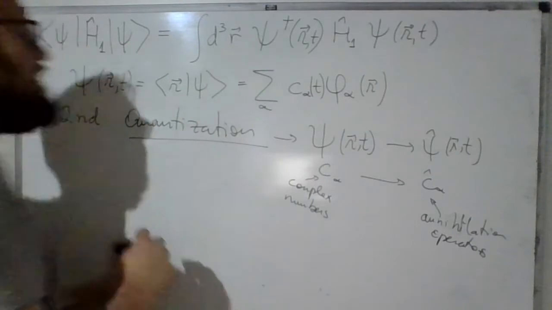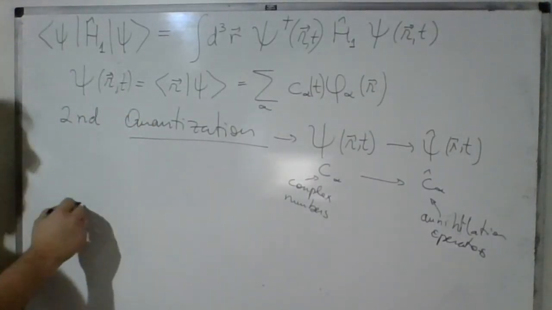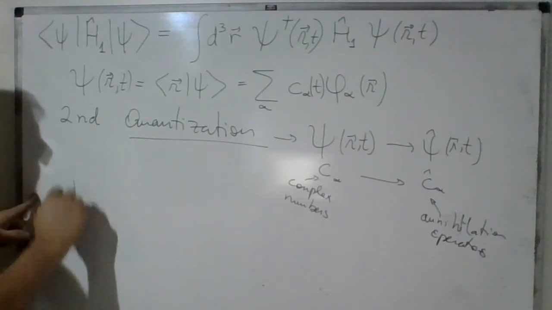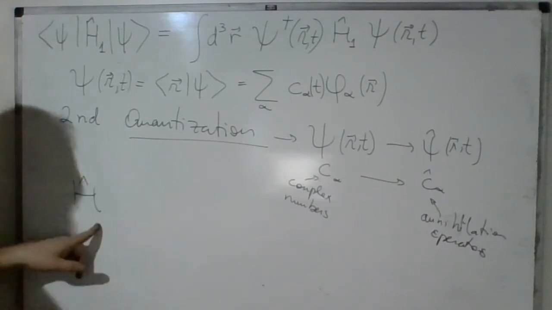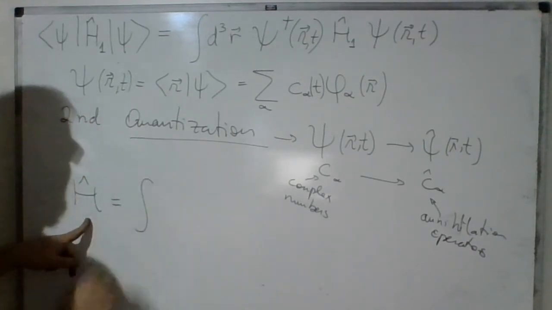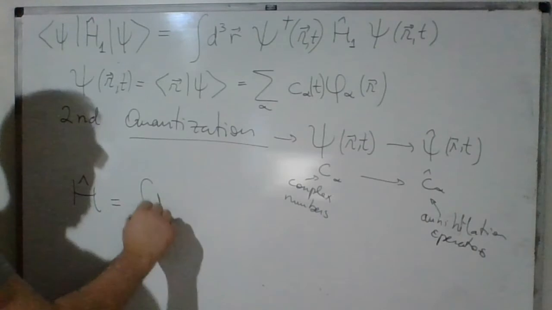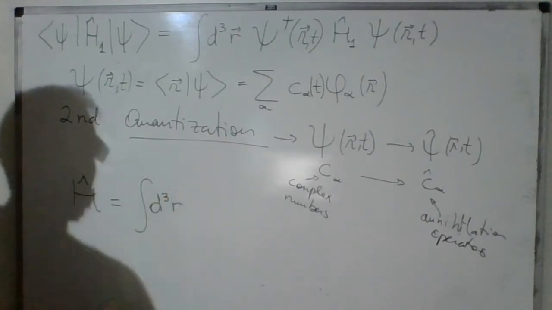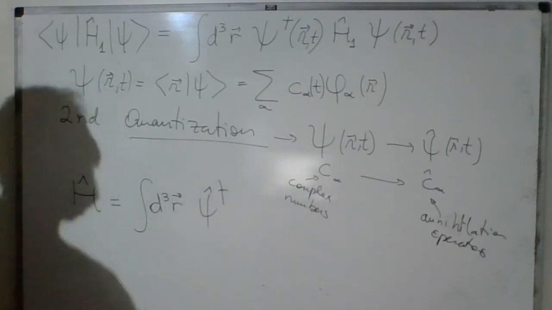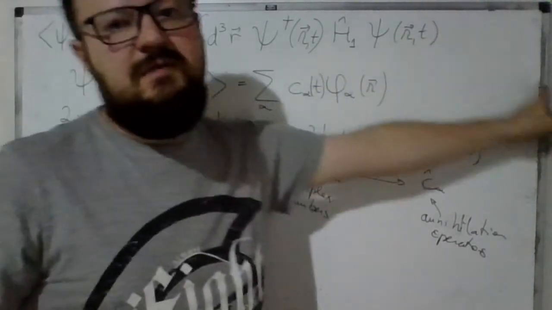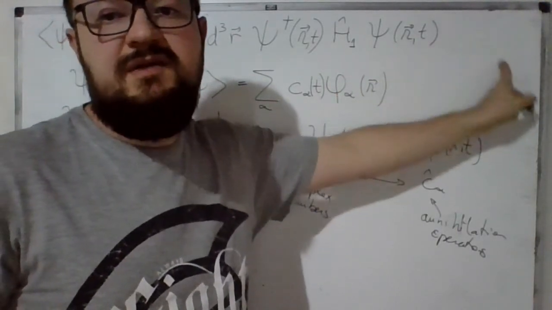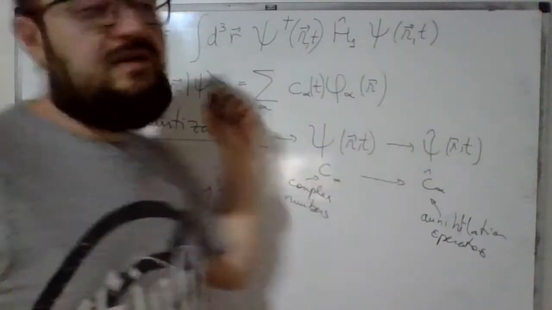You will have here the following, which is called a second quantized version of the Hamiltonian. It's another Hamiltonian. Okay, this Hamiltonian is just another operator, which is an integral over d3r of psi dagger, which is now an operator. So this produces a matrix. All right, it's not a single energy value anymore, which is the average of the Hamiltonian.